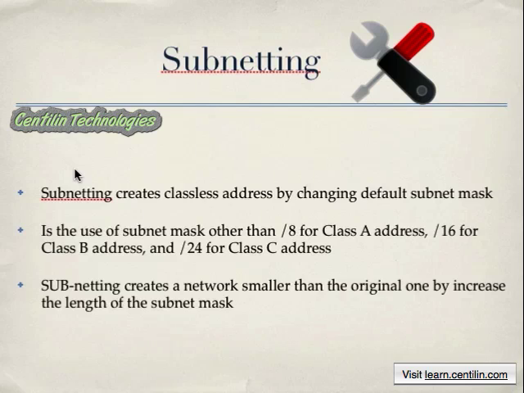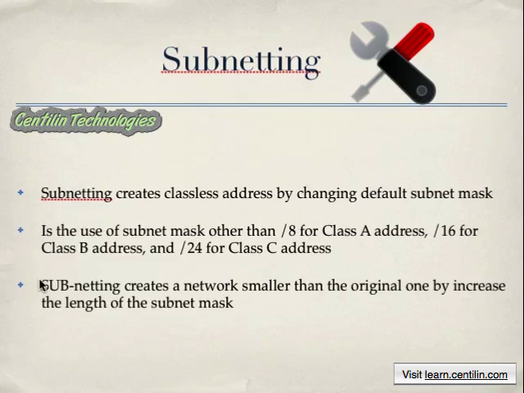But how does it adjust the subnet mask? The answer lies within its name, subnetting. Because we're doing subnetting instead of supernetting, we're reducing the network size, or in other words, the number of hosts that we can use in a network.